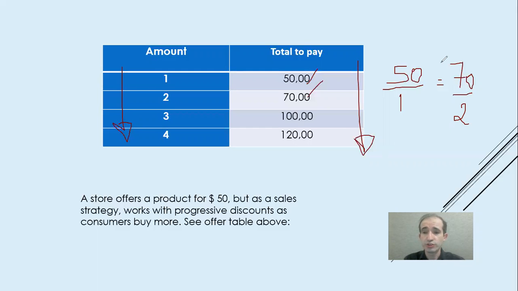The two fractions are enough because you can see that 50 divided by 1 is equal to 50, and 70 divided by 2 is equal to 35. They are different. We don't have a constant value as a result of the divisions, no constant ratio between the informations.